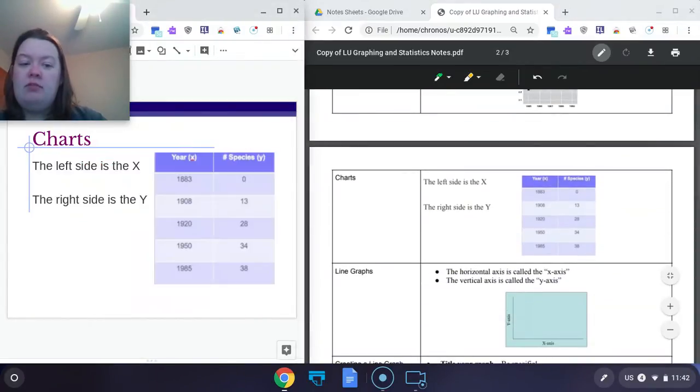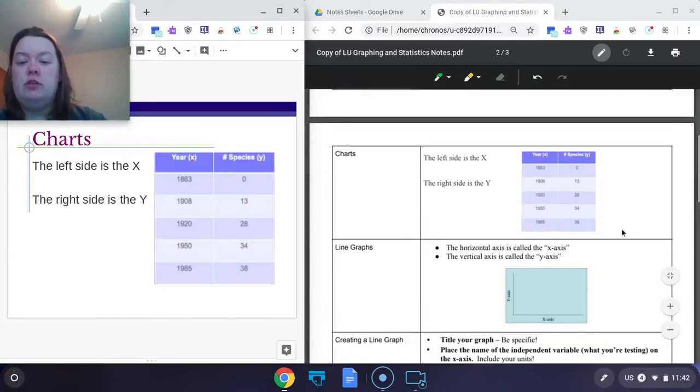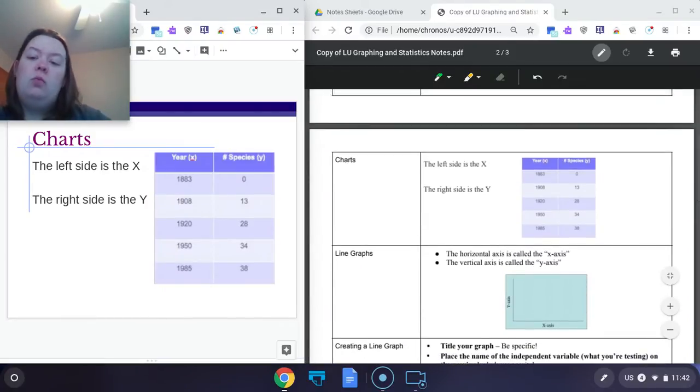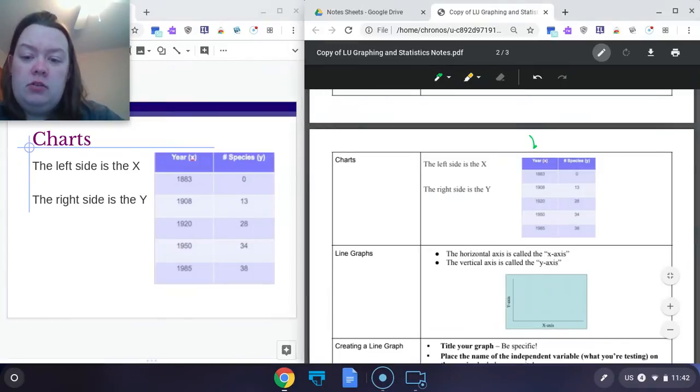And when you are graphing data, once you create a chart, you can use this chart to create a graph. One thing that you'll need to know for charts is that the left side here is always going to go on the x-axis, and your right side is always going to appear on the y-axis.